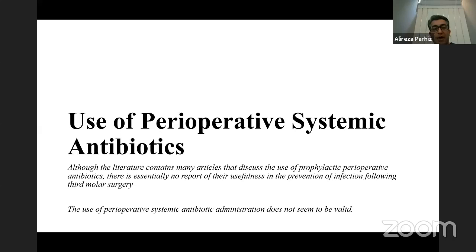So according to the law in your countries, you may prefer to prescribe prophylactic antibiotics or may prefer to prescribe antibiotics after the surgery. It depends on you.